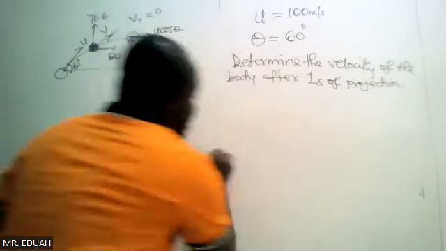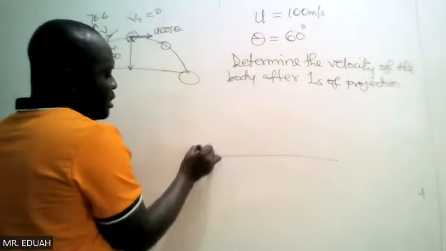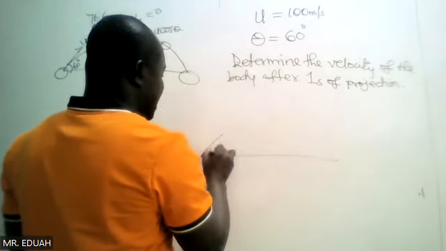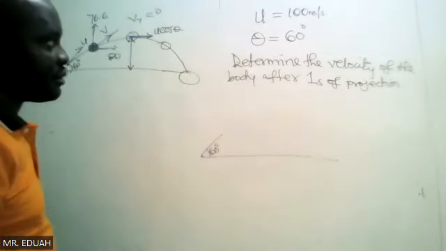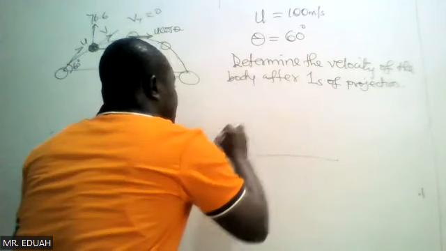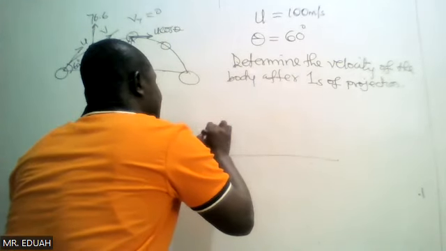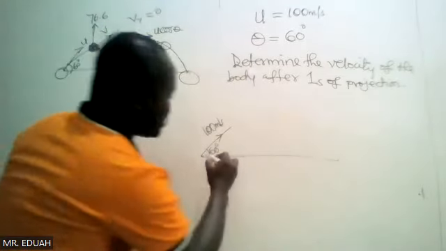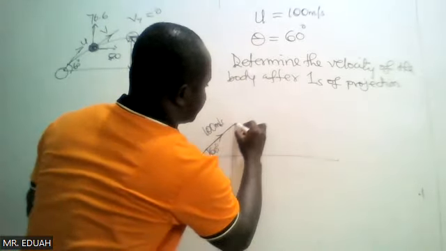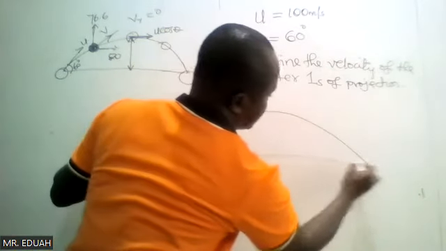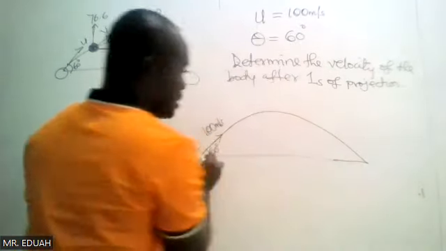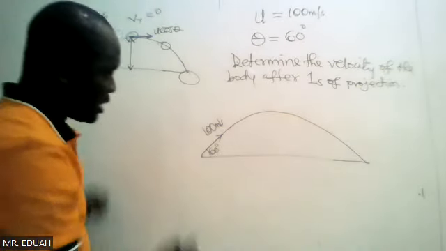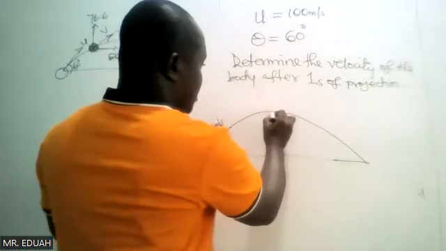Quick one. So this is projectile motion. I'm told the velocity of projection makes an angle of 60 degrees to the horizontal. The velocity of projection itself is 100 meters per second. And this will be the path or the trajectory of the body. So this is ground to ground.